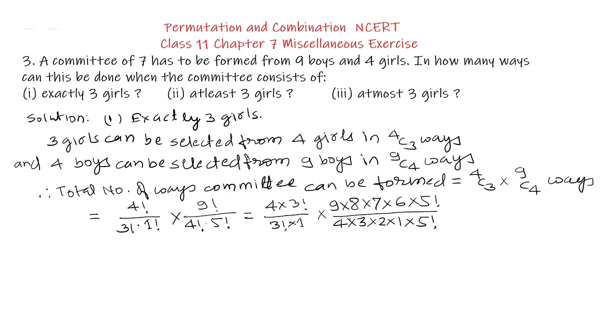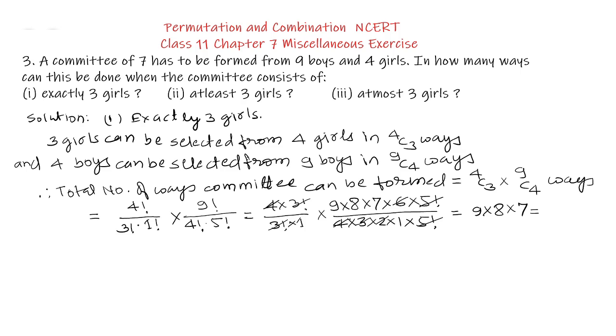So we cancel the 3 factorial of numerator by 3 factorial of denominator and 5 factorial of numerator by 5 factorial of denominator. And we cancel 3 into 2, which is equal to 6 of denominator with 6 of numerator. And we cancel the 4 of denominator by 4 of numerator. This gives us 9 multiplied by 8 multiplied by 7.